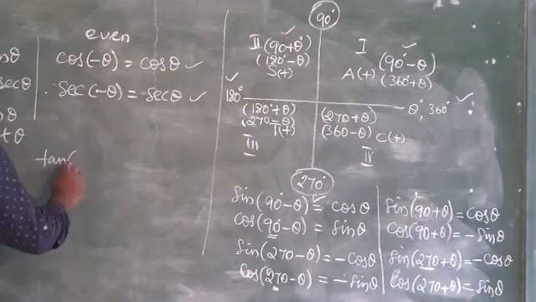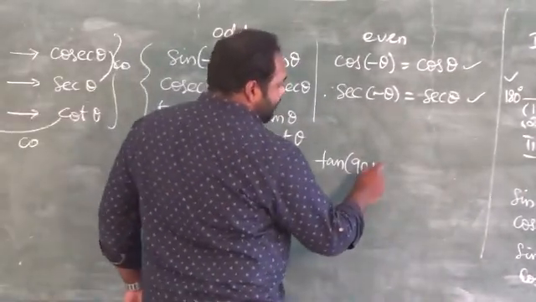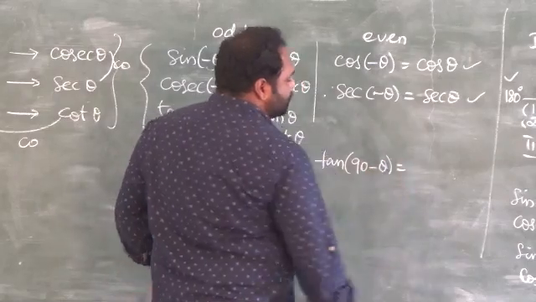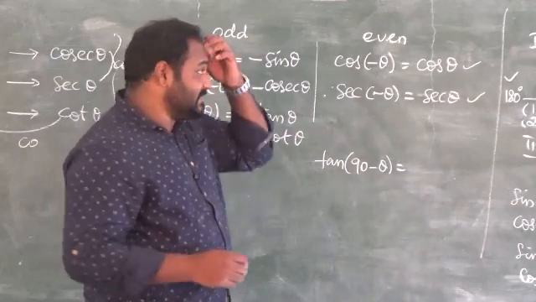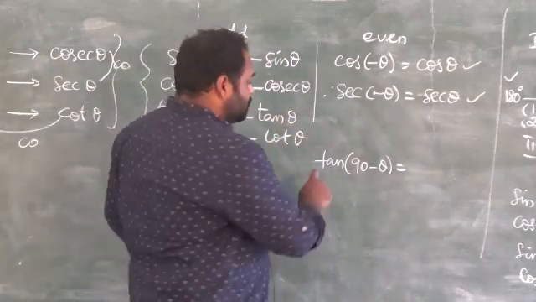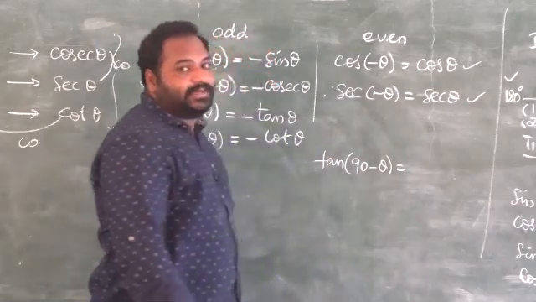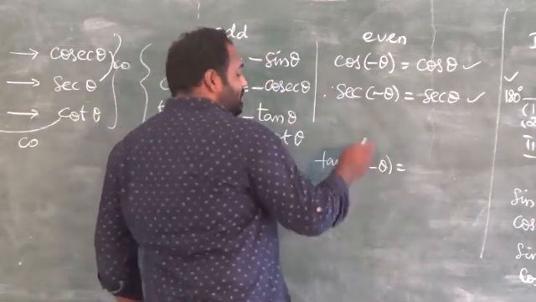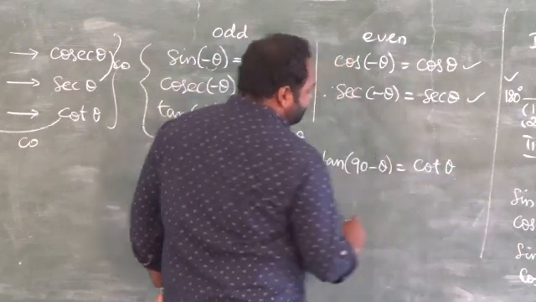Tan 90 minus theta. I told you it is first quadrant, no? First quadrant, there is no change in the sign because all are positive. So tan will be positive. Then 90, we have to change into the co-ratio. What is the co-ratio of tan? It is cot theta.